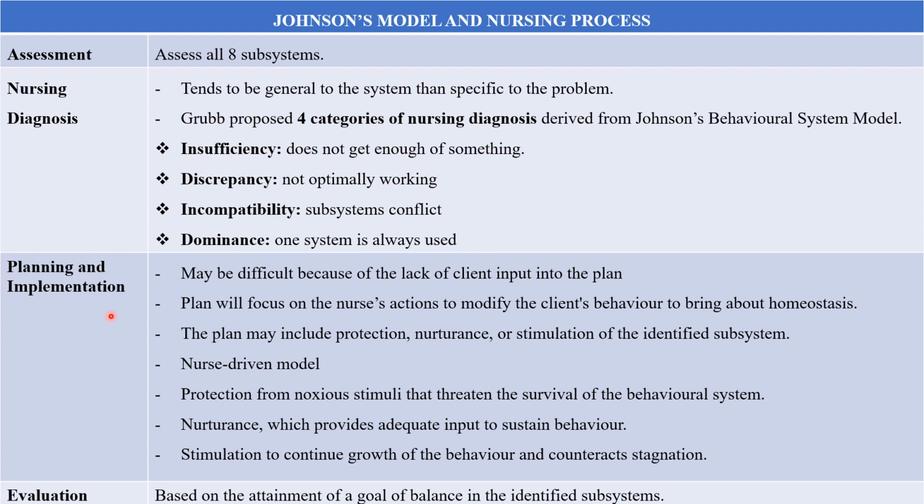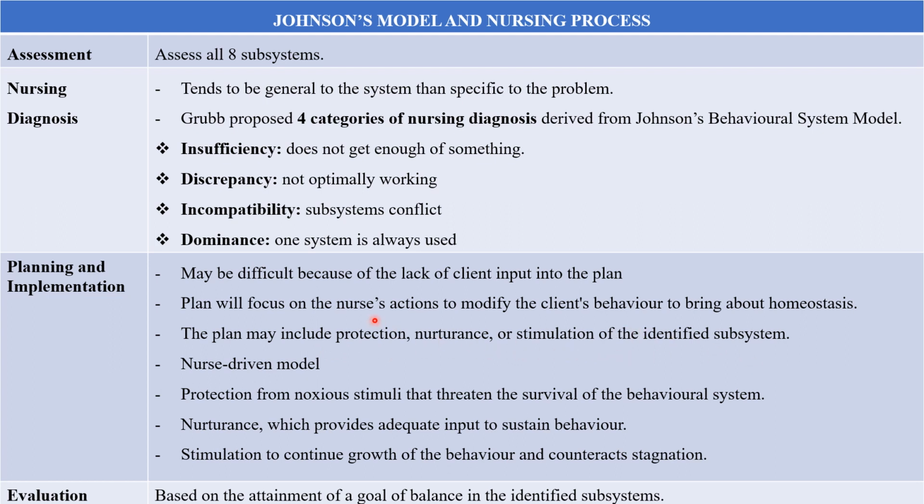Planning and implementation. This may be difficult because of the lack of client input into the plan. The planning only is done by the nurse. The plan will focus on the nurse's action to modify the client's behavior to bring about homeostasis. The plan may include protection, nurturance or stimulation of the identified subsystem.